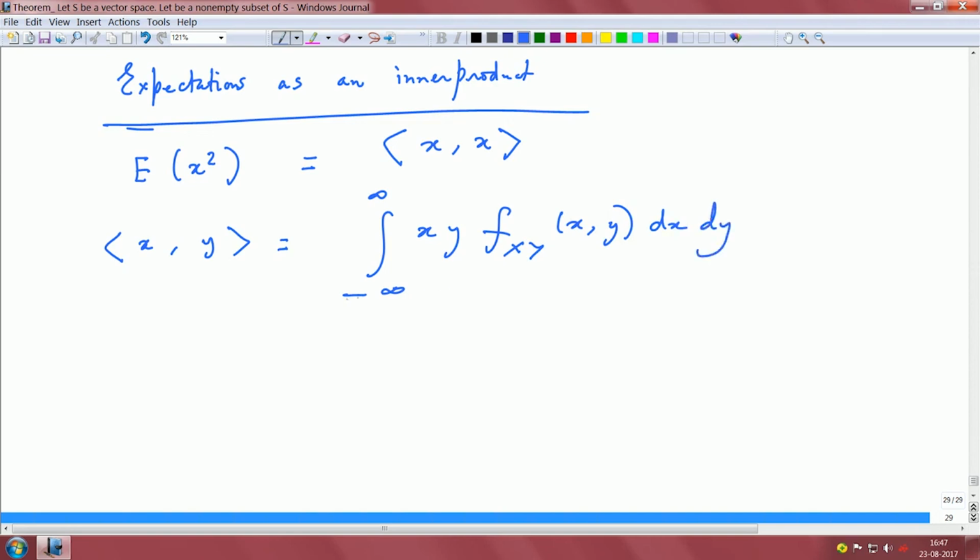If you think about two random variables x and y, this quantity is basically the joint density f x y of x y, and what we are doing here is basically computing the mean, right. Can we think about this mean as sort of an inner product?